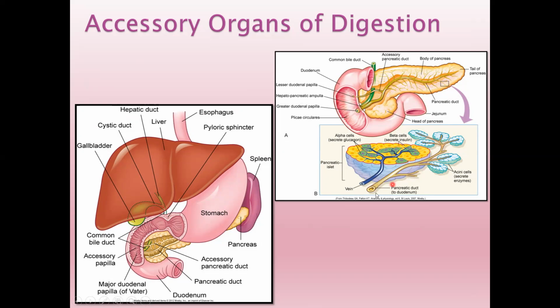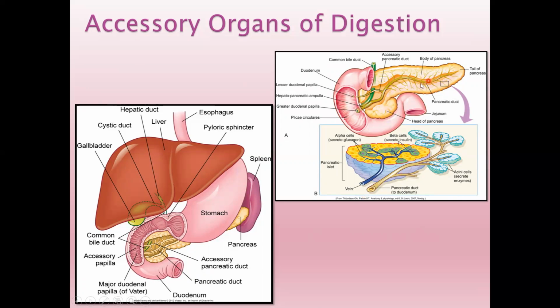But the exocrine part of our pancreas is charged with providing enzymes for complete digestion of carbohydrates, proteins, and fats. It's very essential. That's why the pancreas is such an essential organ as well. And also it produces an alkaline fluid that neutralizes the chyme and creates a duodenal pH that supports enzymatic action.